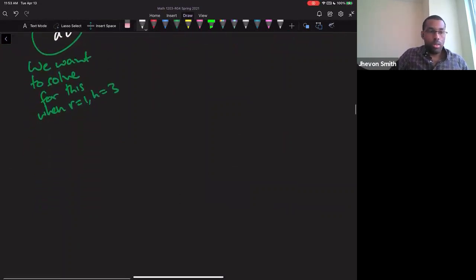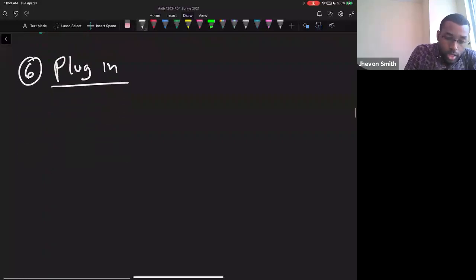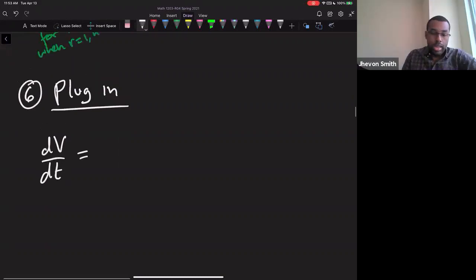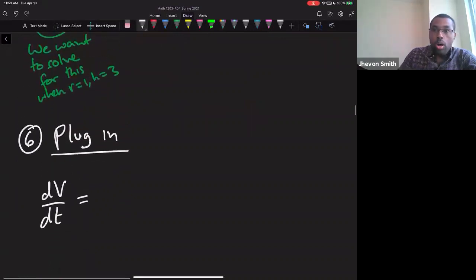So now I will go to the 6th step, which is plug in. And so I have dV/dt, which is what I want to find. Now I'm going to plug in all the others. It's 2 pi r h. I know my r is 1 and my h is 3.